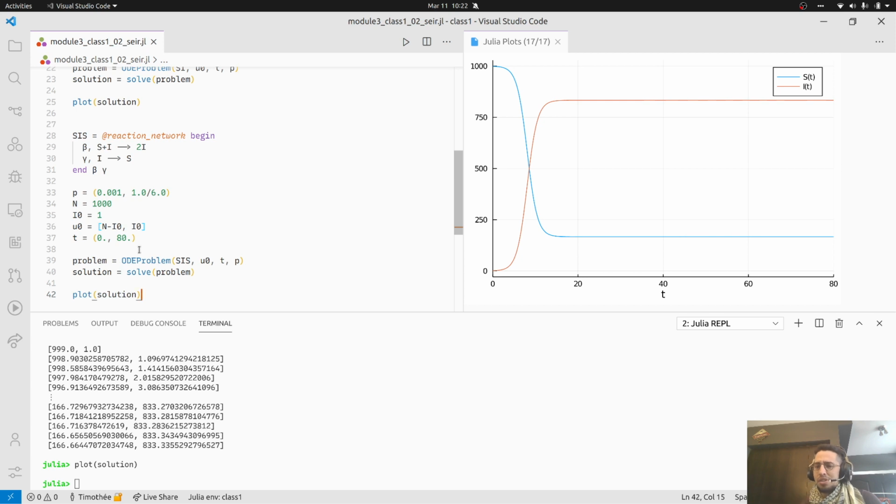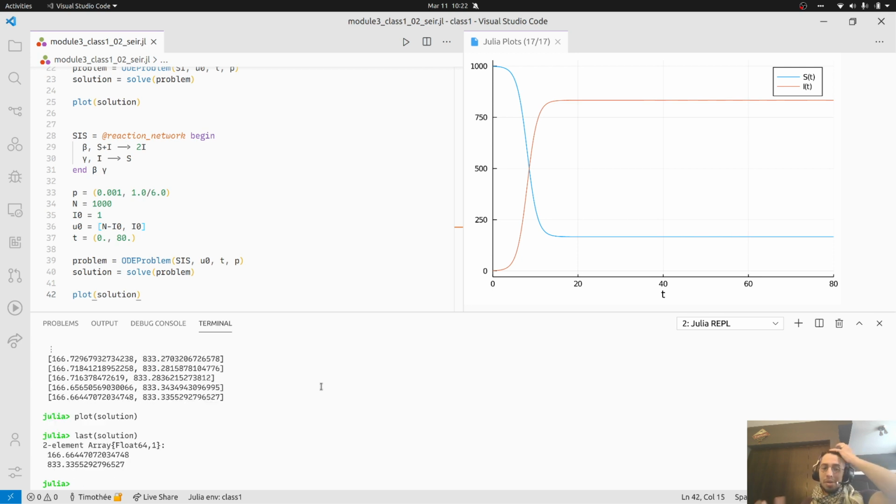And the consequence of that is that when we look at the number of individuals that are infectious at equilibrium, which we can get by looking at the last element in the solution, we get about 160, give or take, individuals that are susceptible, and we get about 833 individuals that are infectious. So on average, the population is still overwhelmingly infectious.